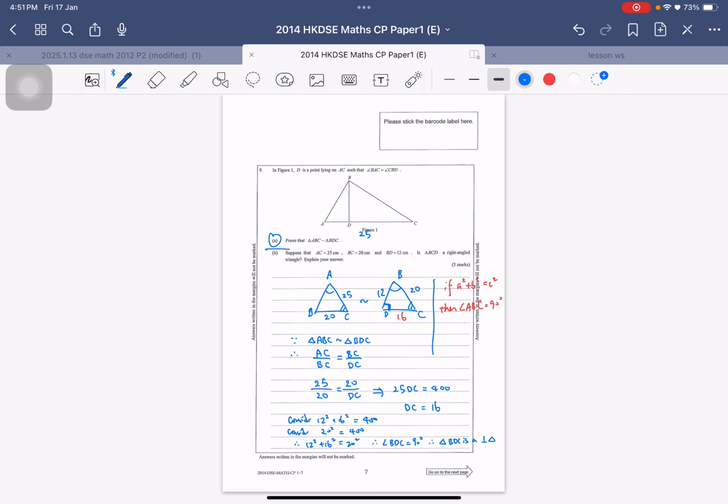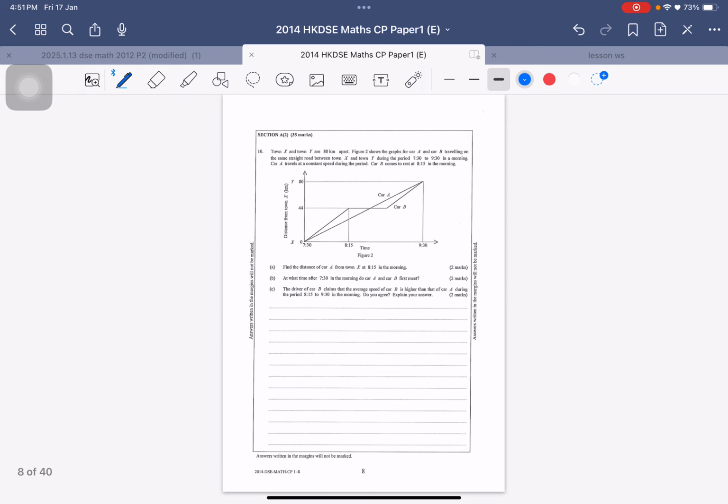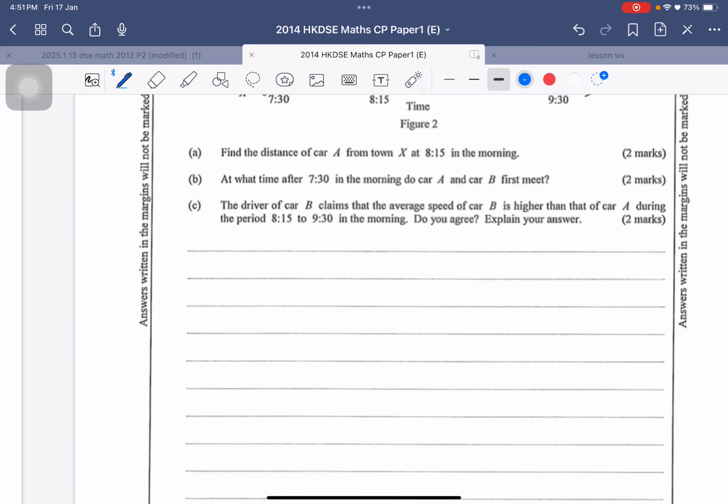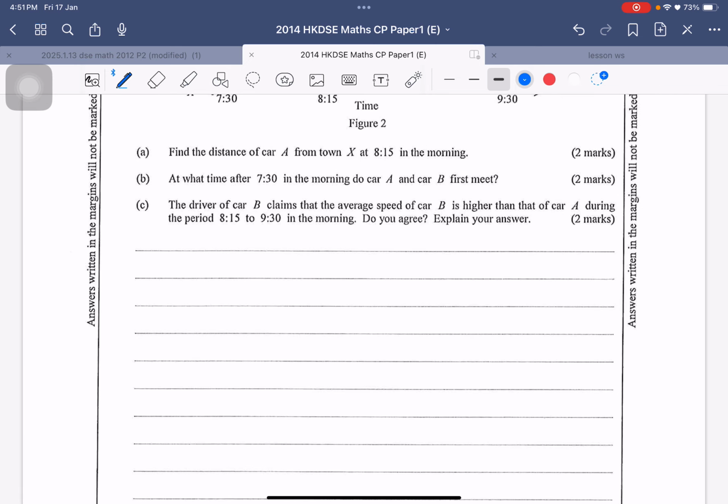Alright, question 10, we can skip it because it's no longer a standard question in recent years. It's actually just a physics question. But you need to remember one thing. Speed is equal to what? What are the units of speed?